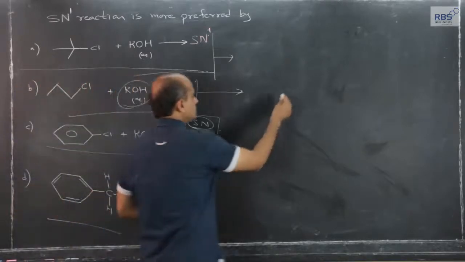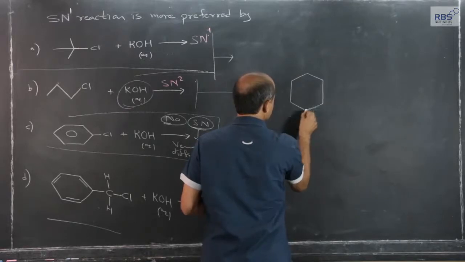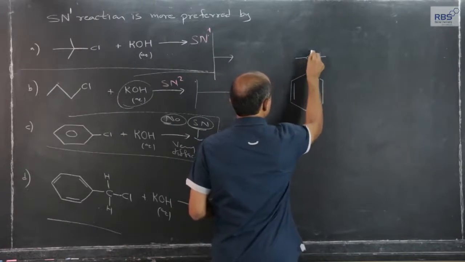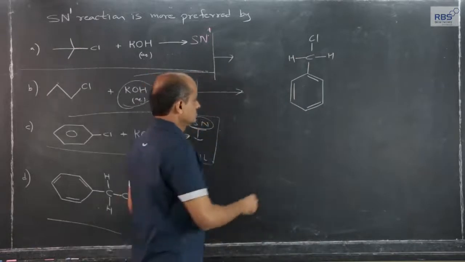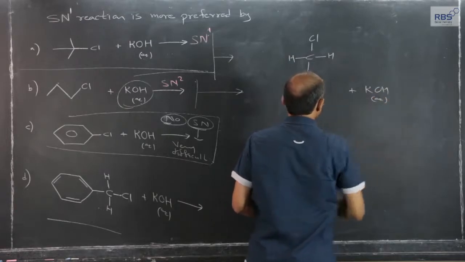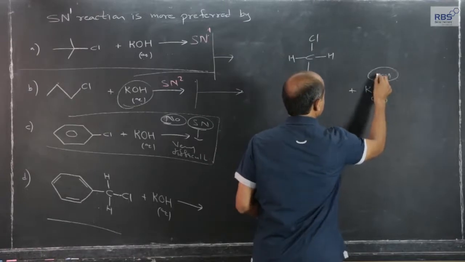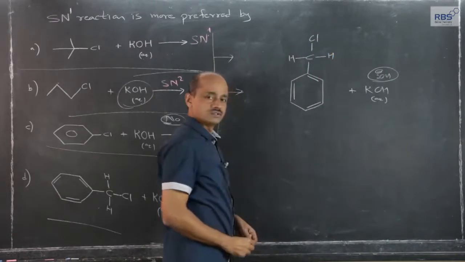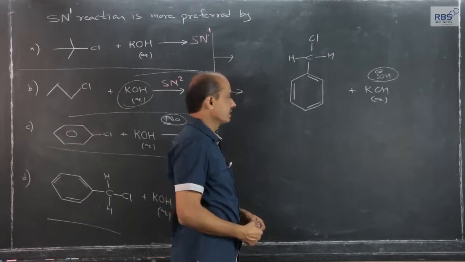This benzyl chloride, let me write it here in this fashion, benzyl chloride, reacted with KOH, aqueous solution, and we expect that OH minus ion should attack the carbon and the halogen should go. That possibility is there, but the other possibility is very fast, and therefore it is preferred.